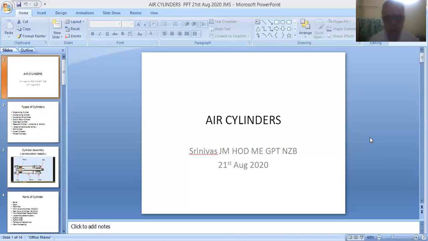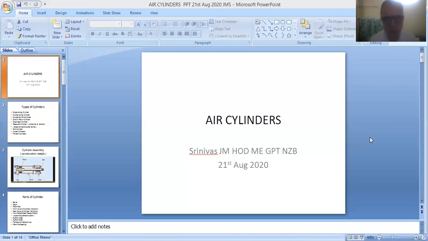Basically, hydraulic cylinders are also called oil cylinders, and similarly, pneumatic cylinders are also referred to as air cylinders. Sometimes they are also called motors, or they are referred to as actuators.